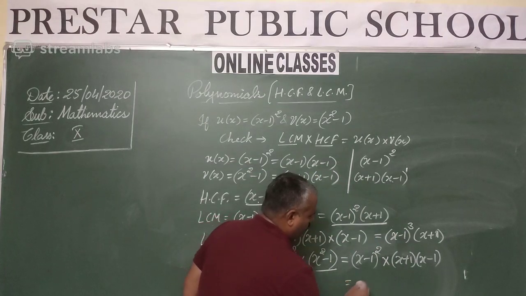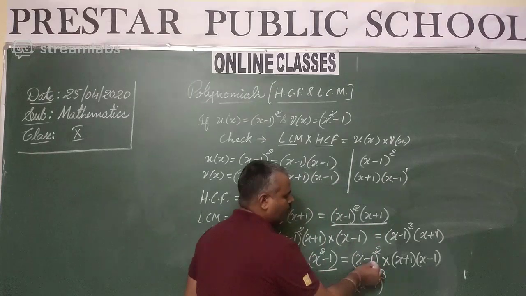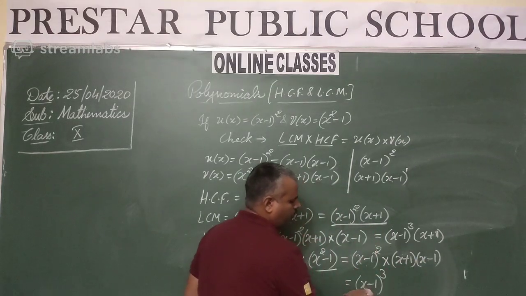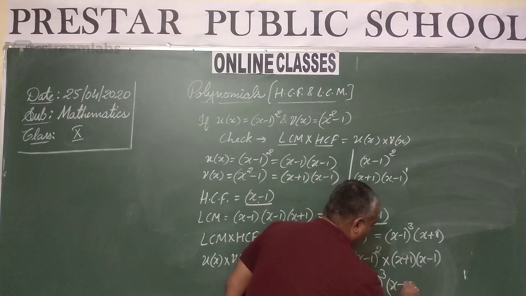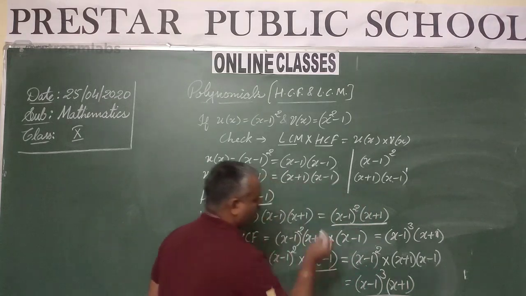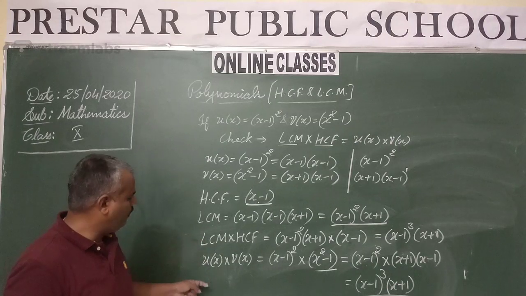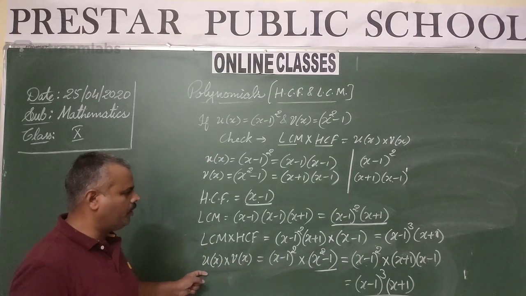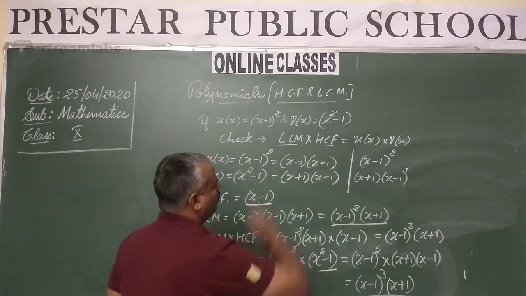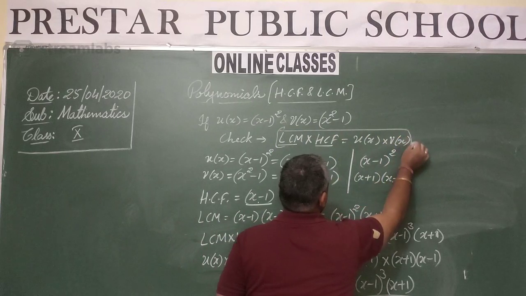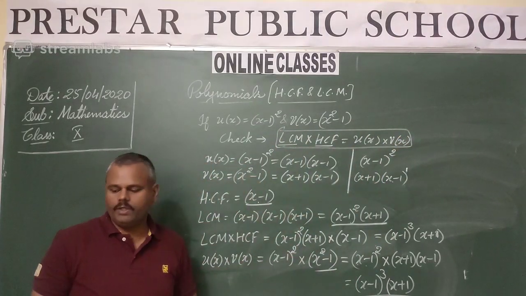So the final product of these two will be x minus 1 whole cube, because square of x minus 1 and x minus 1, when multiplied, becomes cube of x minus 1, along with x plus 1. So here we see that the product of LCM and HCF and the product of these two polynomials, the result is same. Hence, this is proved. Or you can say that hence this relation is true for these given expressions.